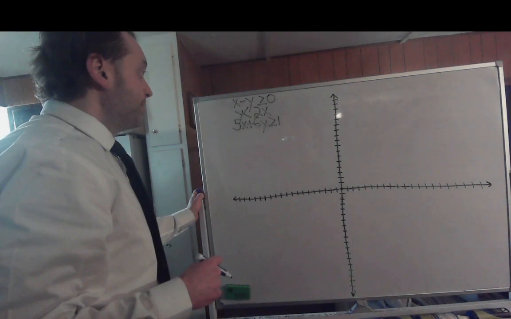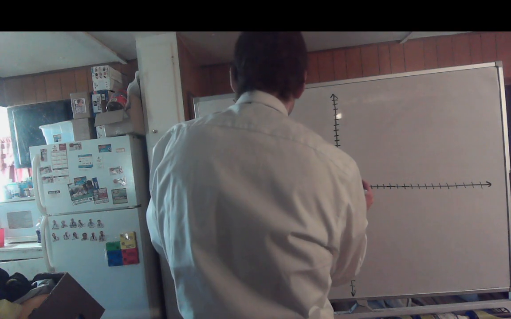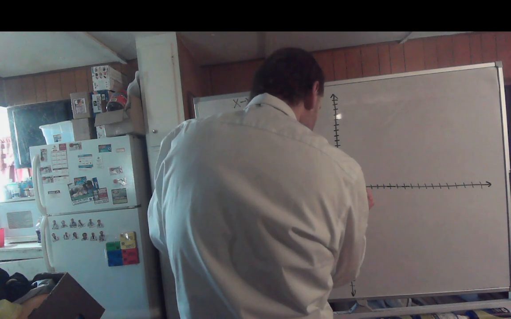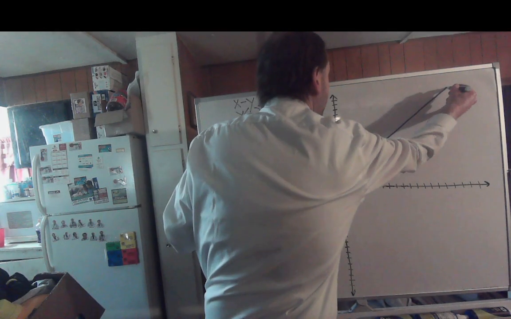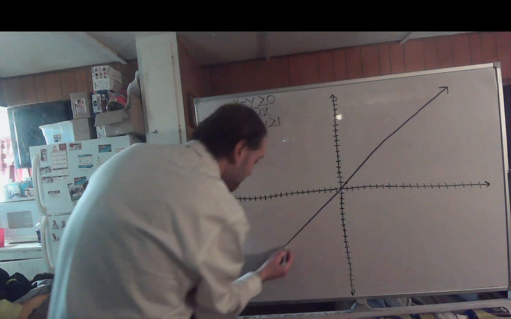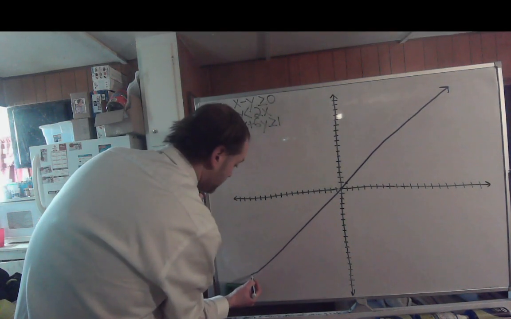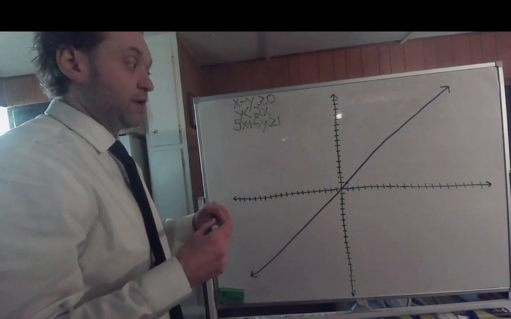And then, of course, 1, 1 would also be a point. And so we can draw a solid line through those 2 points. And then, yep, we have our solid line there for x minus y is greater than or equal to 0.